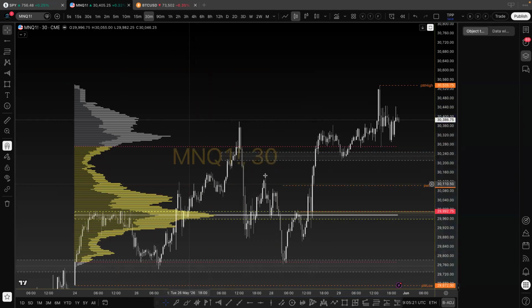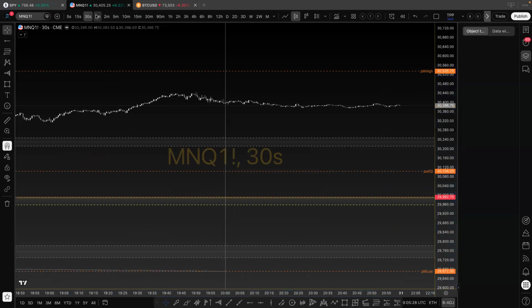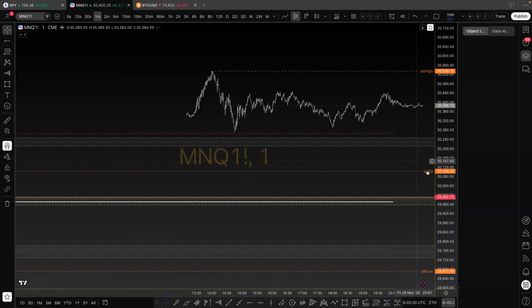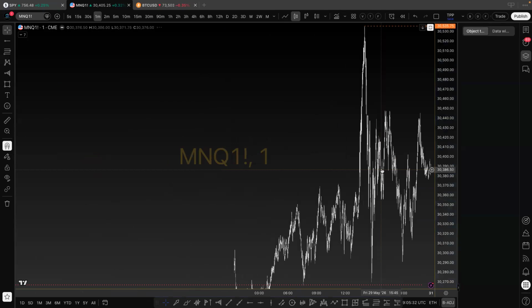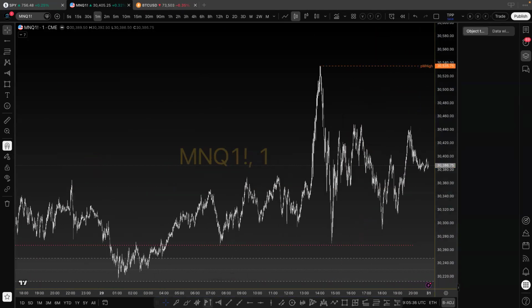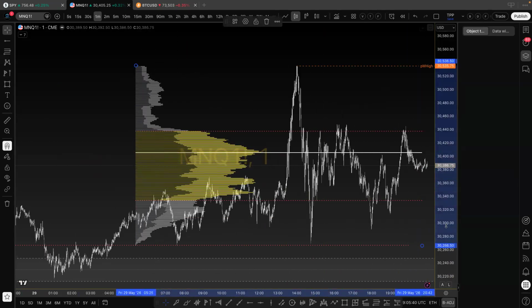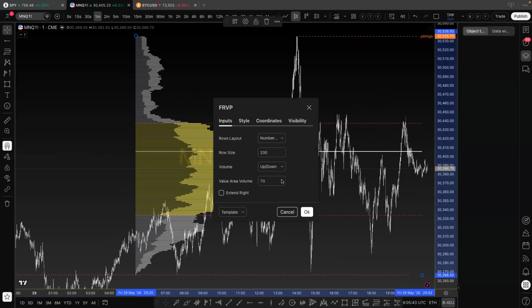You can use it even on very small time frames and on bigger time frames. But for example, if I take the volume profile here, this is on 1 minute now, I made another template here, ticks, where I set ticks per row and only two.